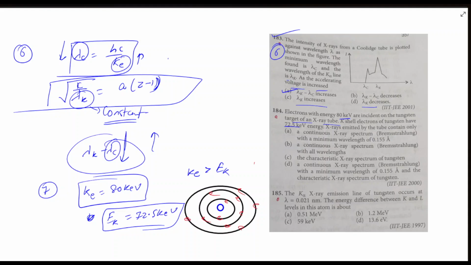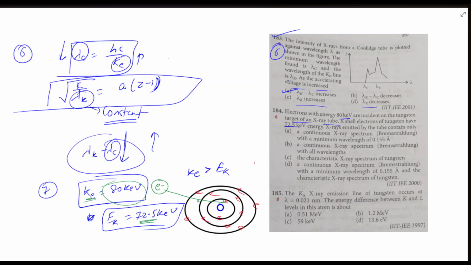Are you getting me? Now if an electron comes with this energy and strikes this, this electron requires how much? It requires only 72.5, and we have 80 kilo electron volt.